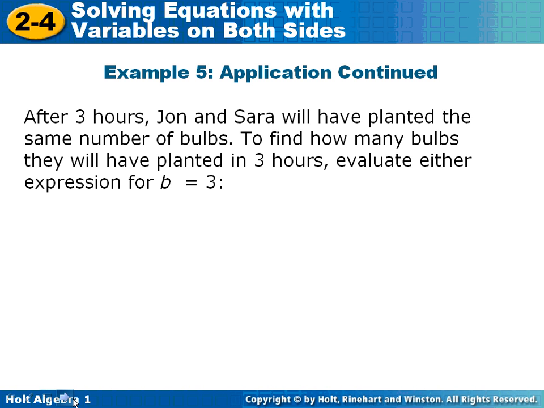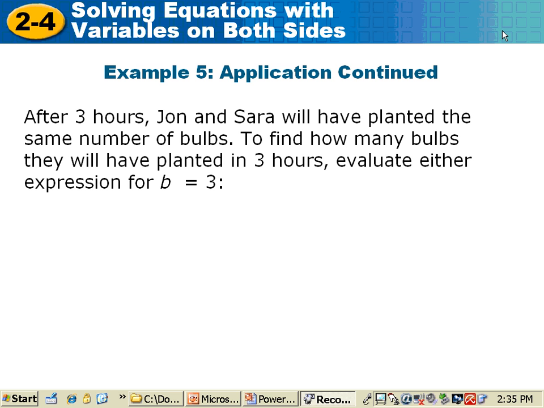The next question is, how many will they have planted? So we have to evaluate each of these, for the number 3. I'm sorry guys, I keep having students come in, so I keep pausing.